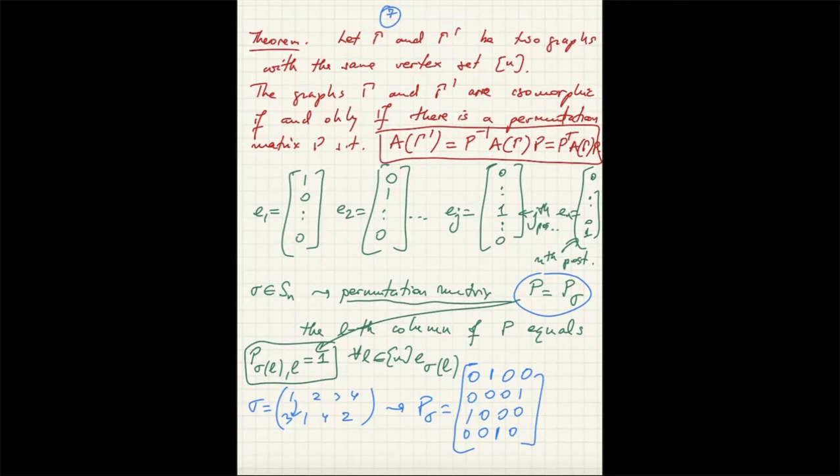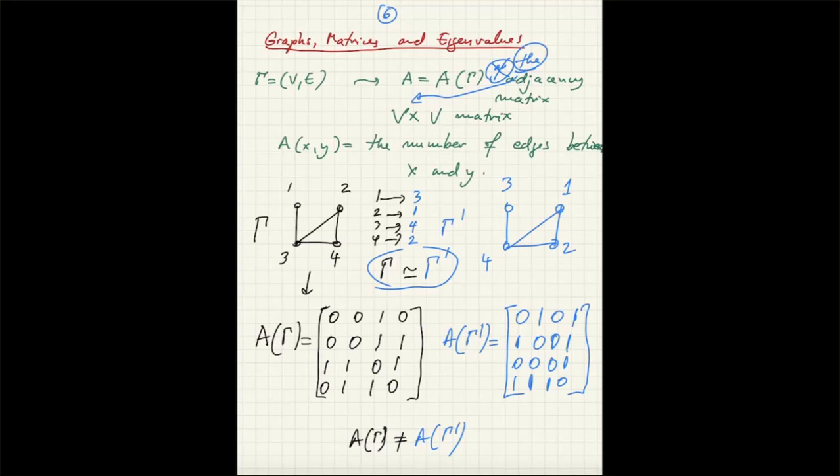Okay, now how does this work? Let me give you quickly the gist of this result. Let me do it again with the example that we have in mind, and draw it quickly here. So you have 1, 2, 4.